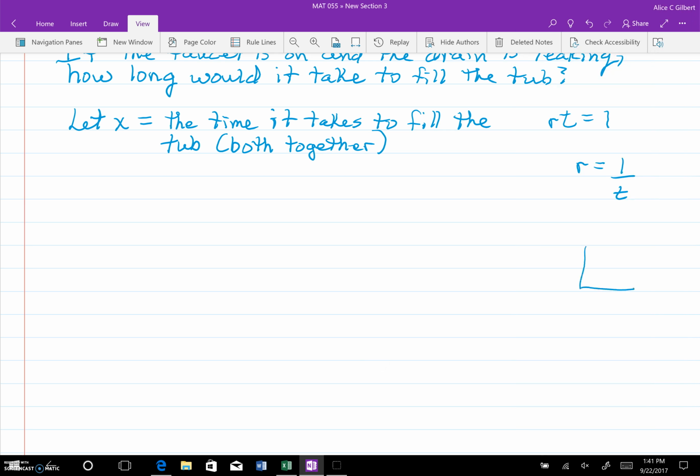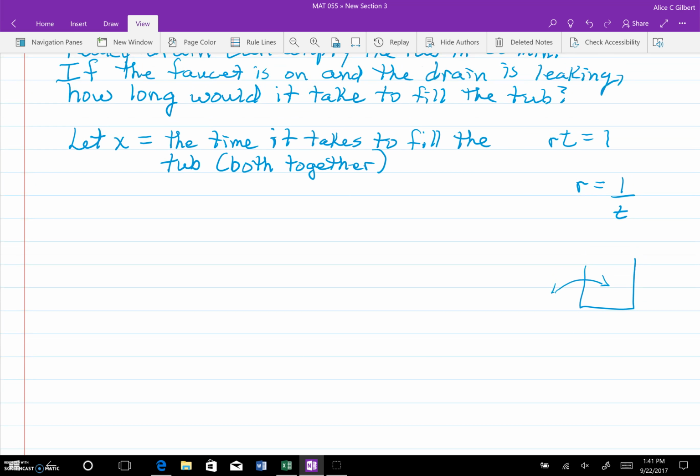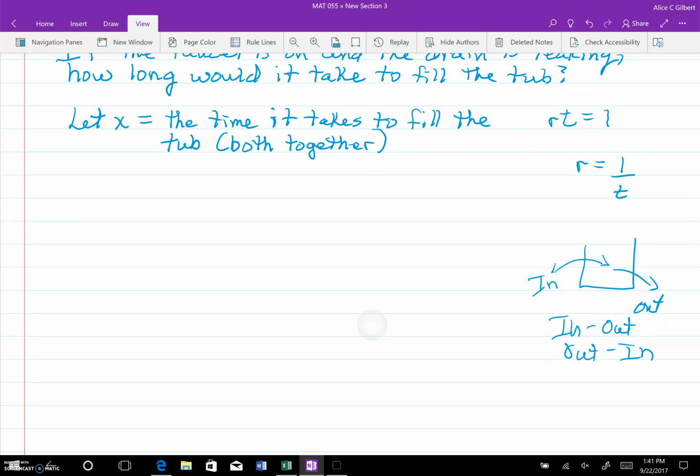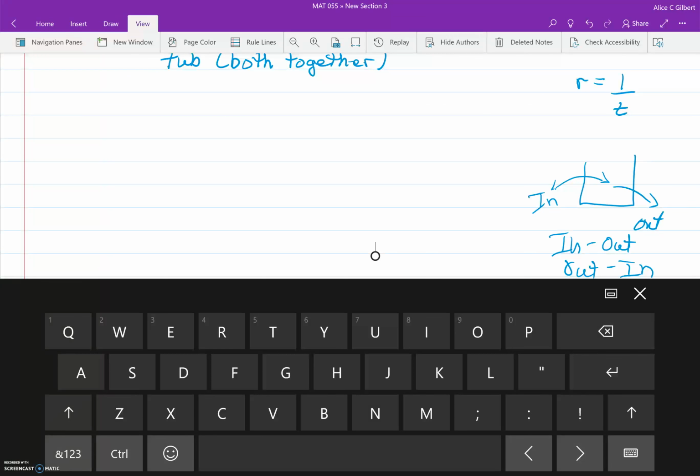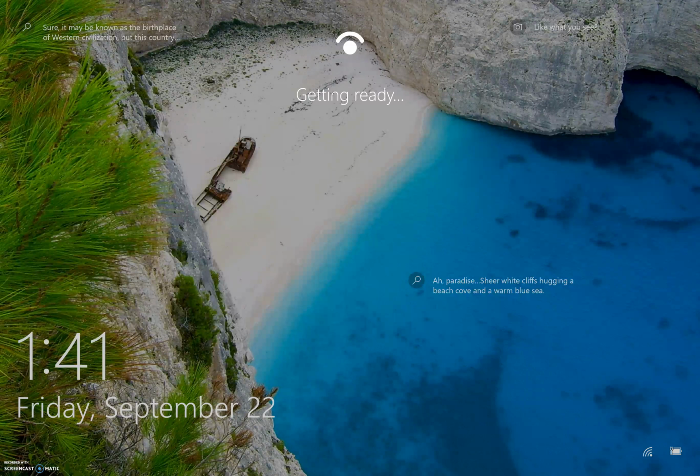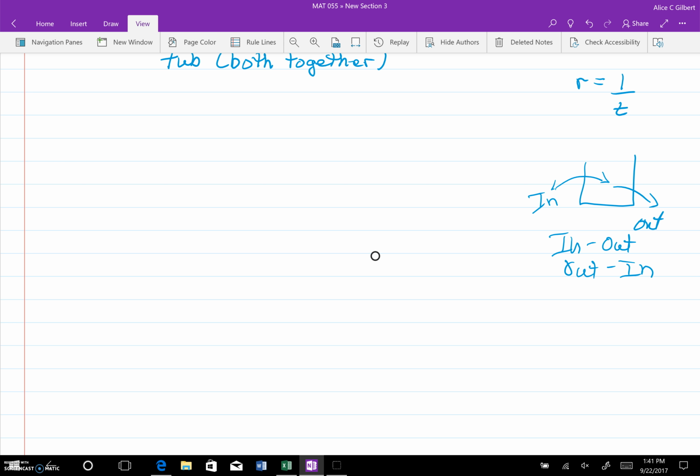Remember, we talked about, when it's going in and out, doing two different things, this is going to have to be in minus out, or out minus in, depends on whether our tub is empty to begin with or full to begin with.